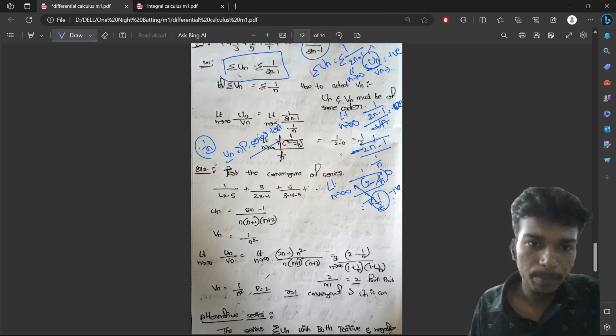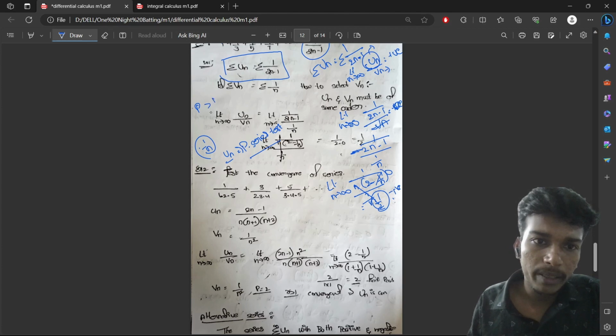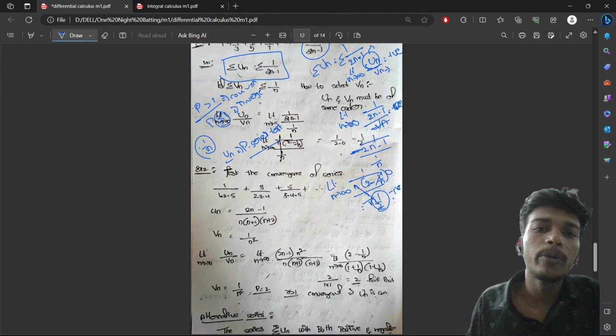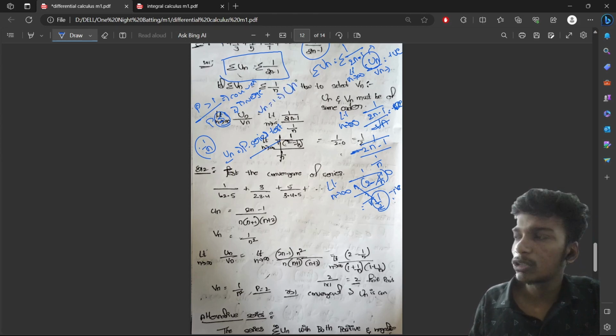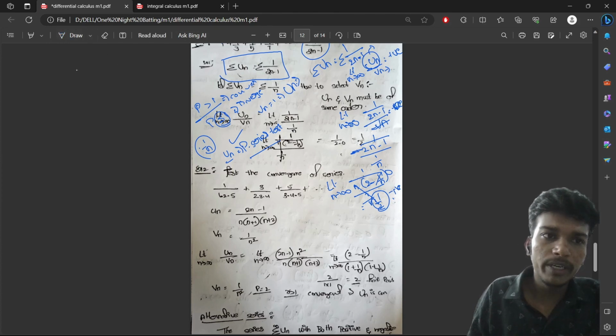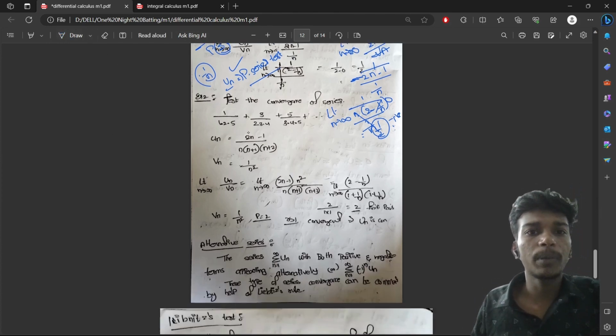Here if the P value is greater than 1, it's going to be convergent. P value less than or equal to 1, it's going to be divergent. As here P value is equal to 1, Vn is going to be divergent. So from this we can say that Un is also going to be divergent. This is how we deduce the convergence or divergence of a particular series.